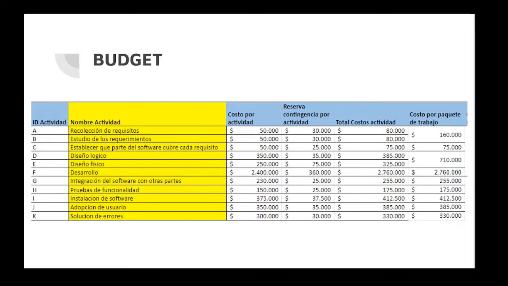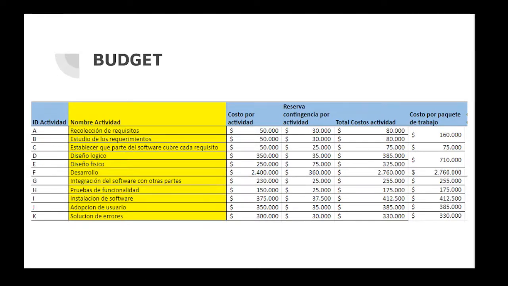Users' association, at a cost of 350,000 and a reserve of 35,000, and the total cost should be 385,000 pesos.